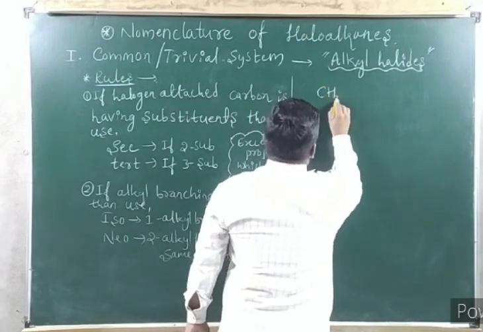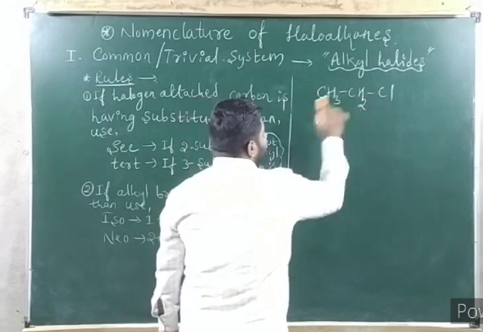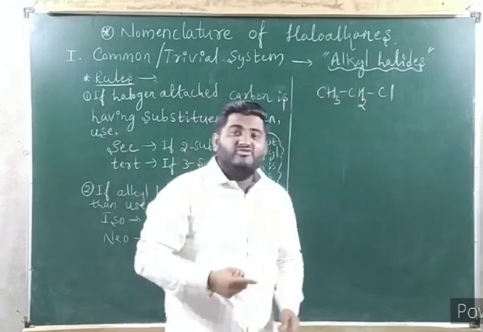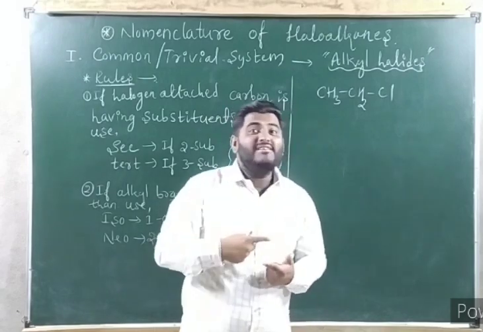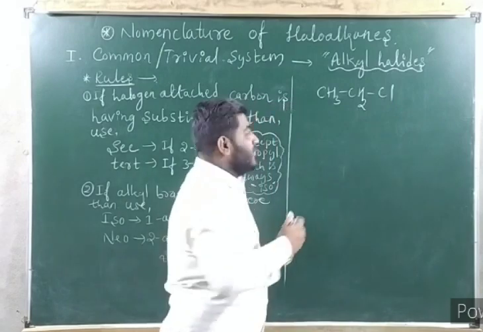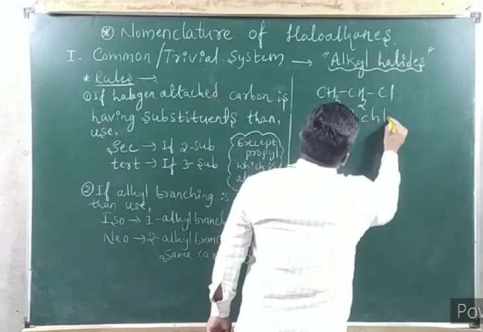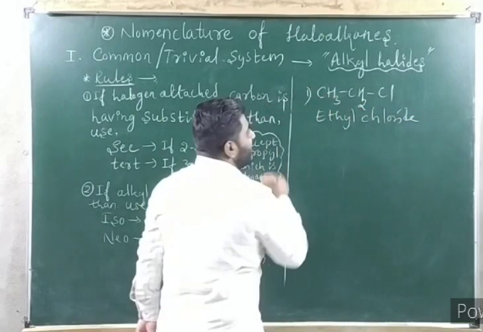Let us see some examples. CH3CH2Cl. How many carbon atoms are there? 2. So it is derived from ethane, so the name is ethyl. Chlorine is there, it is called chloride. So the name is ethyl chloride. I hope you are getting.